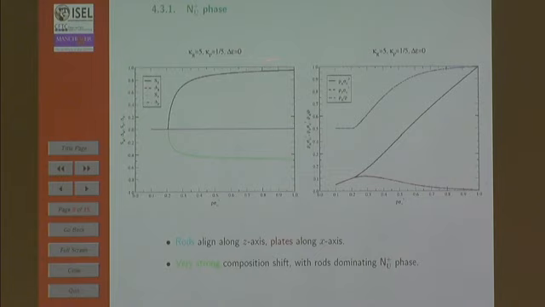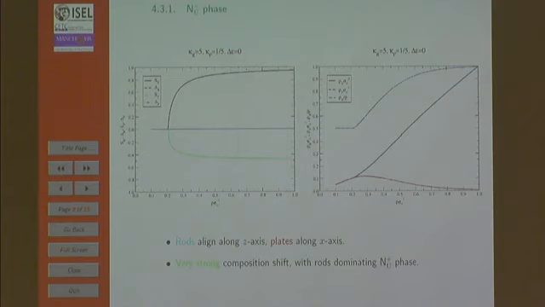Well, one is positive, the other is negative, and biaxiality is there, plonk at 0. On this side you have densities of rods, densities of plates, and fraction of rods. So you see that in the isotropic phase they're equimolar, but as you go into the rod-like nematic phase, then rods become the dominant species and the density of plates goes to 0.